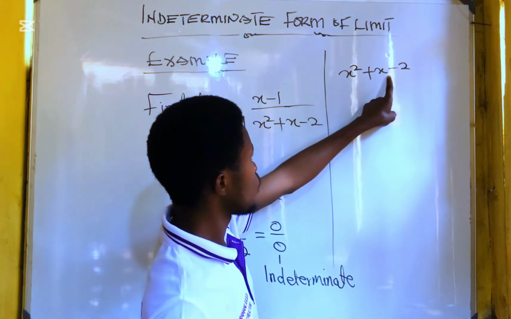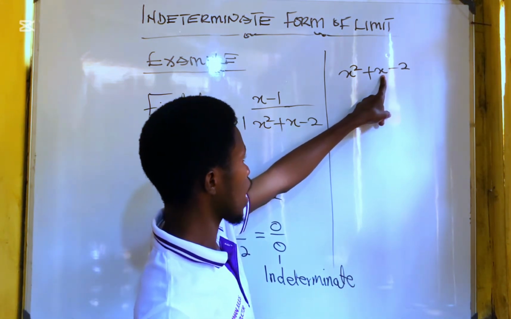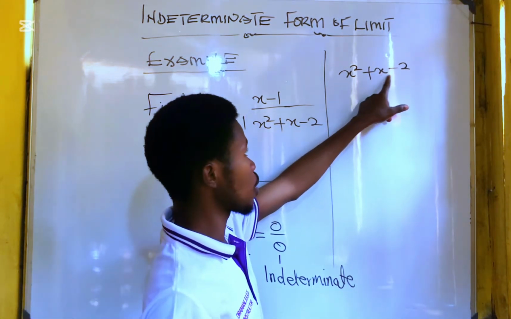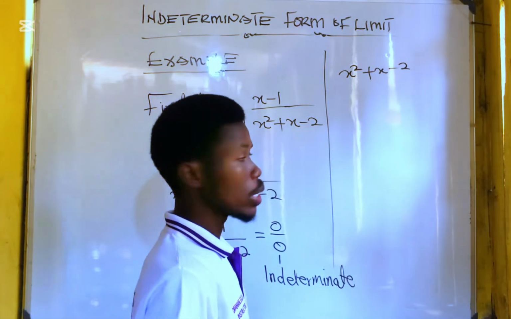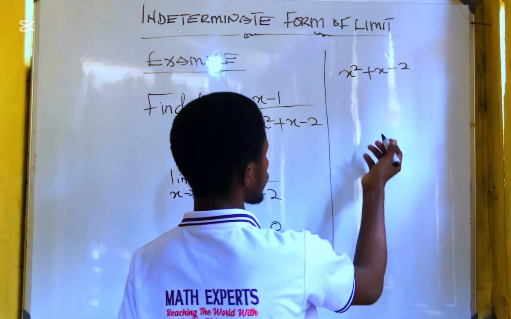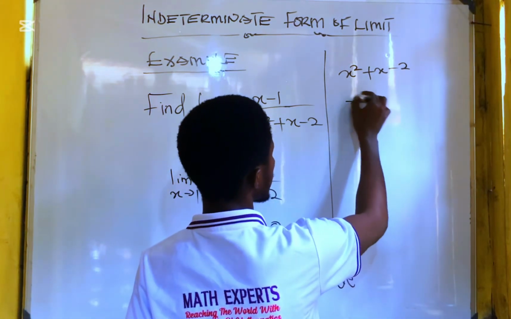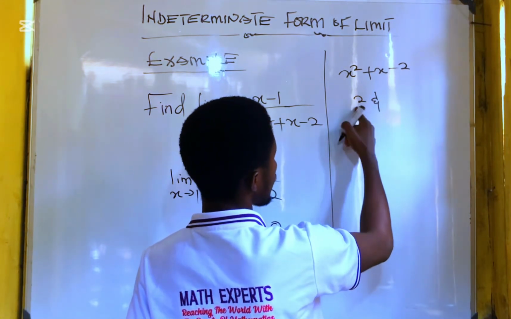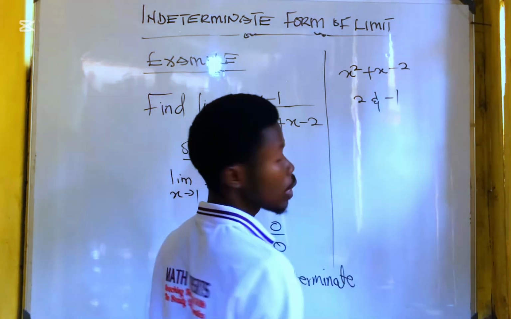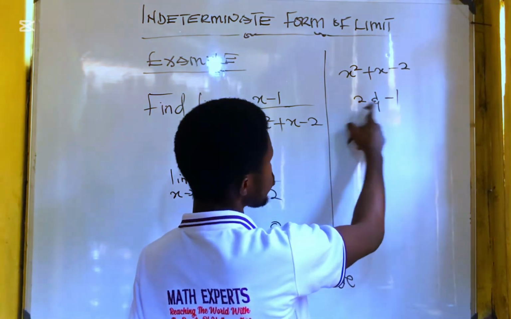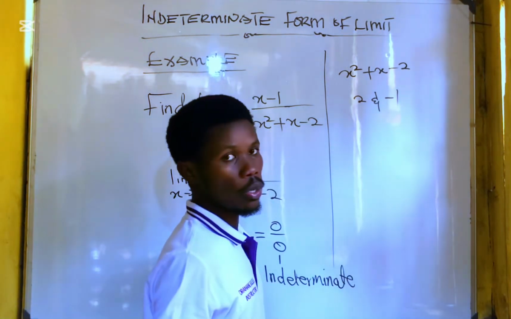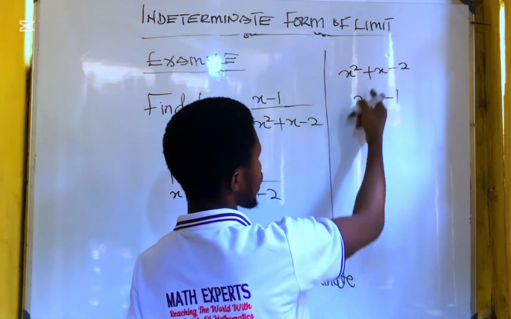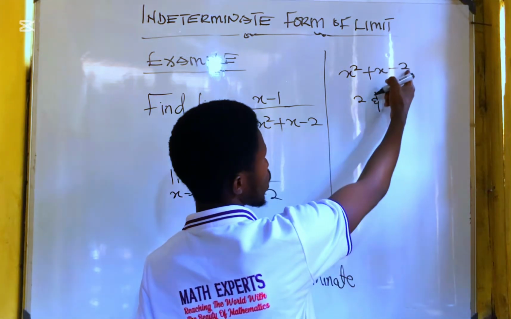Now, we need two numbers so that when I add them, I'll get 1, and when I multiply, I'll get negative 2. So that is going to be positive 2 and negative 1. When you add 2 to negative 1, you get positive 1. When you multiply 2 by negative 1, you get negative 2.